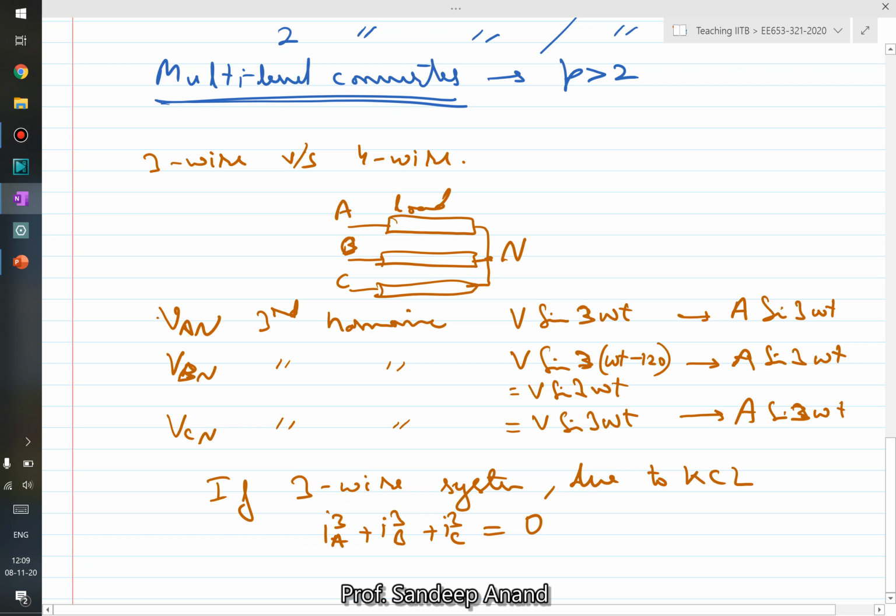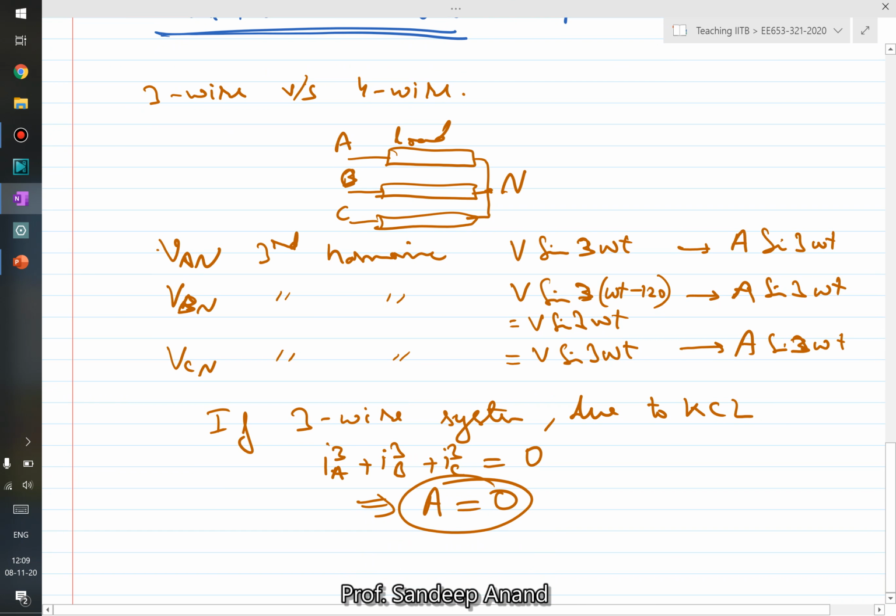And if you substitute these three currents here, you would get the only solution possible is A equal to 0. That means you will not have third harmonic current in any phase.